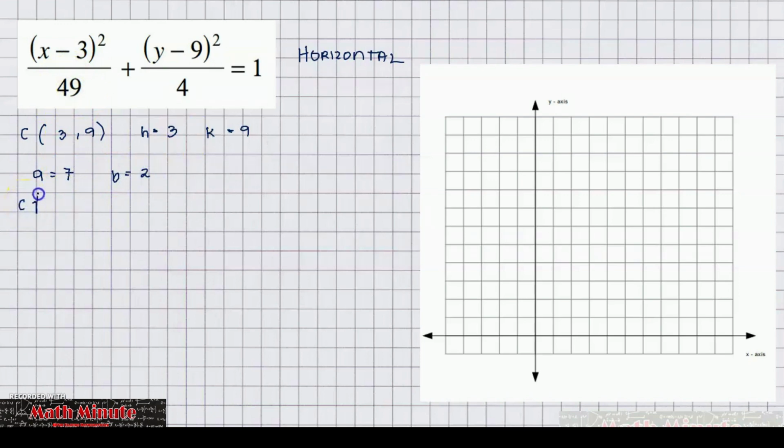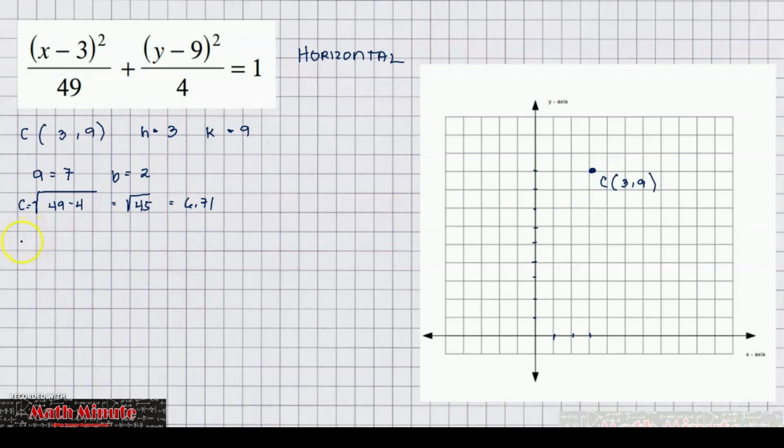To get the value of c, that will be the square root of 49 minus 4, which is the square root of 45, and in decimals approximately 6.71. So the center here is at positive 3 and positive 9: 1, 2, 3, 4, 5, 6, 7, 8, 9. So this is now your center.